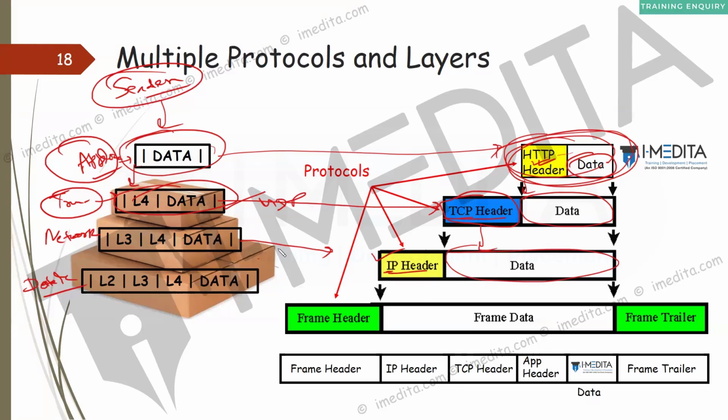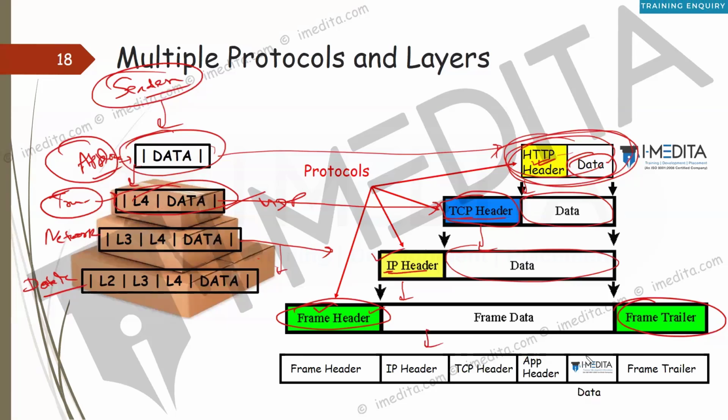Then data will be given by the network layer to the data link layer. At the data link layer, the frame header will be attached, or the Ethernet header, I would call it. If you are using Ethernet technology, then the Ethernet header will be attached. If you are using some other technology like Frame Relay, then a Frame Relay header will be attached. Once data is given to layer 2, encapsulation takes place one more time, and then finally your data will be placed onto the physical media.